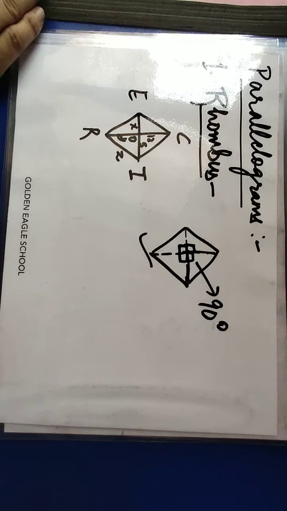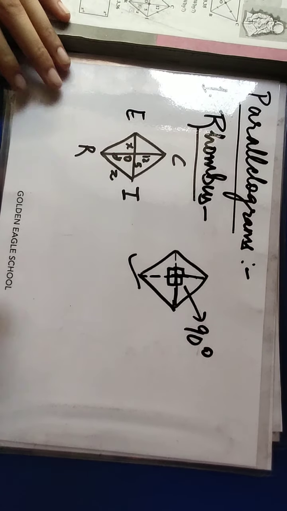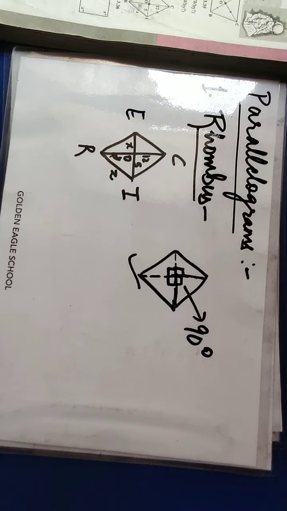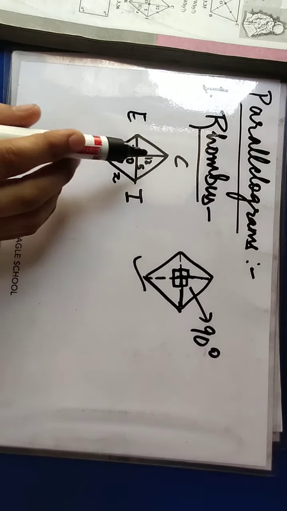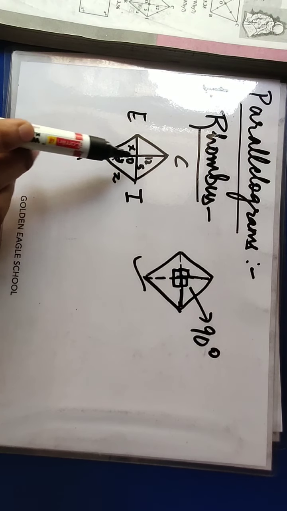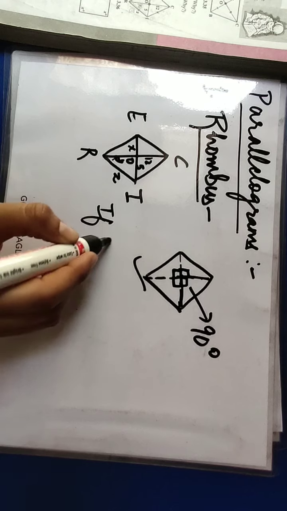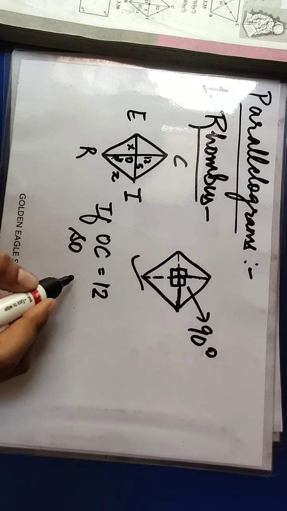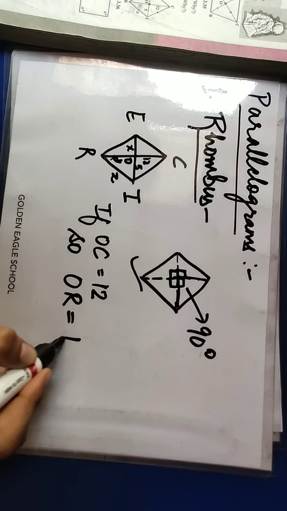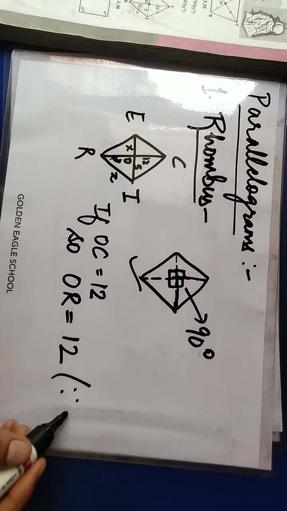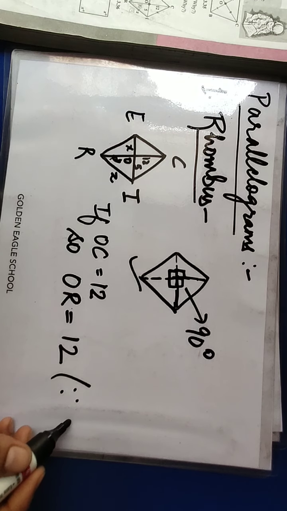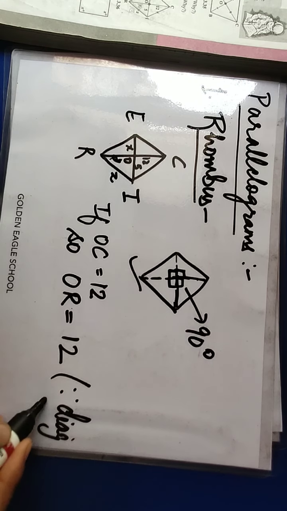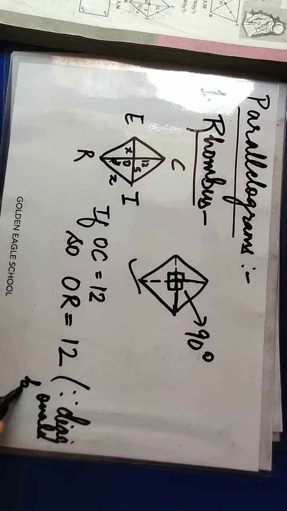For finding it, we know that the diagonals are perpendicular bisectors of each other. So if OC is equal to 12, then OR is equal to 12, because it is a diagonal and diagonals bisect each other.